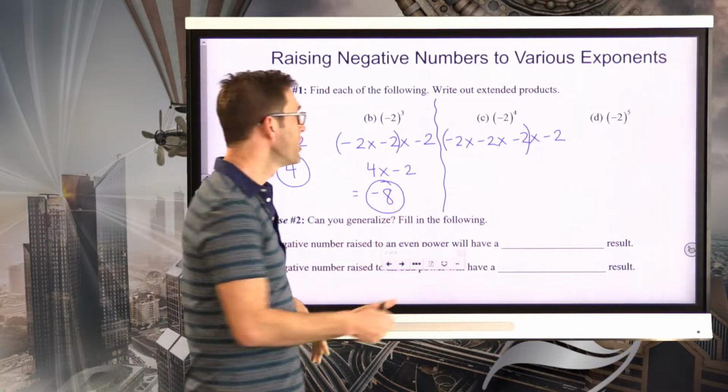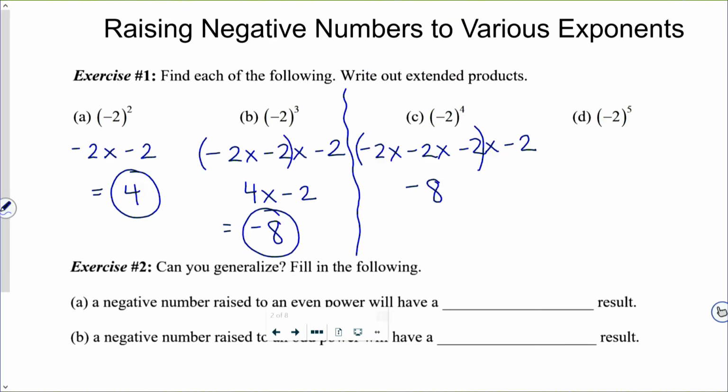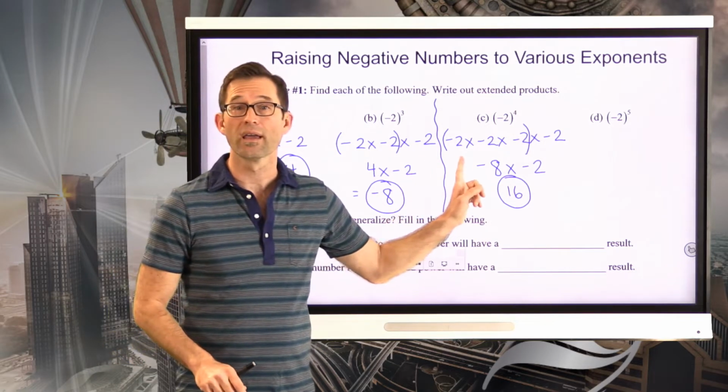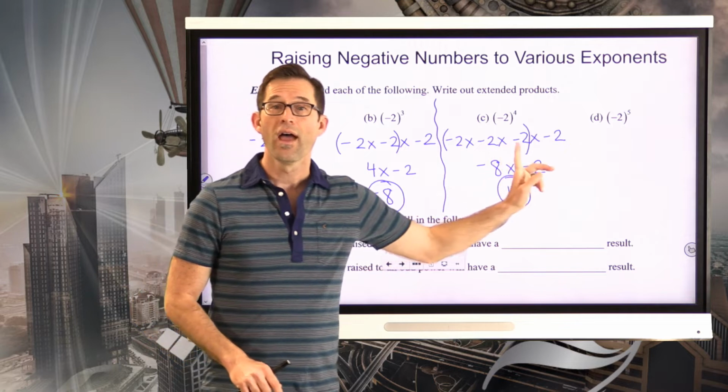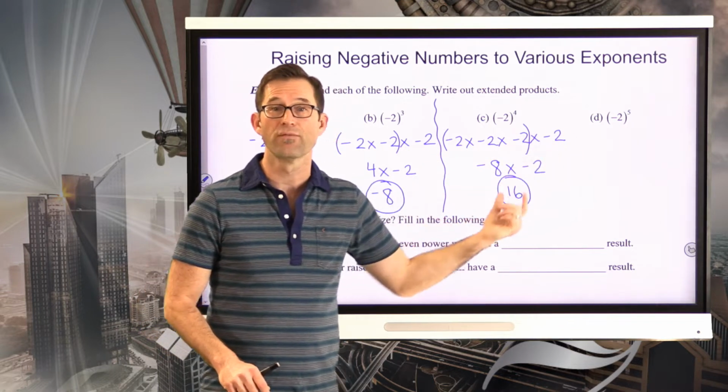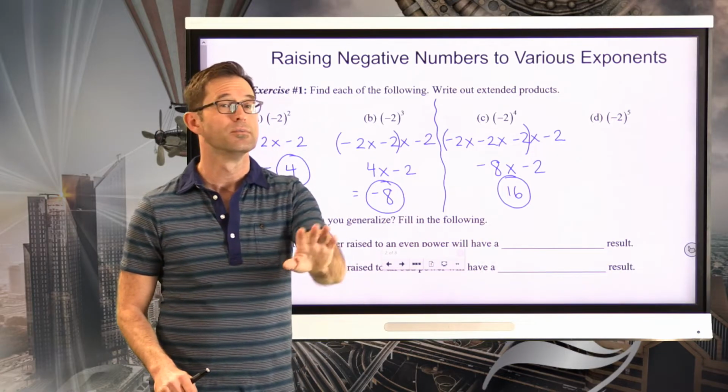That's negative 8. So all of this will be negative 8 times negative 2, and negative 8 times negative 2 is a positive 16. Now, if you said, hey, I got positive 16, but I did it by grouping negative 2 times negative 2 together, and negative 2 times negative 2 together, so I got positive 4 times positive 4, which gave me positive 16, awesome.